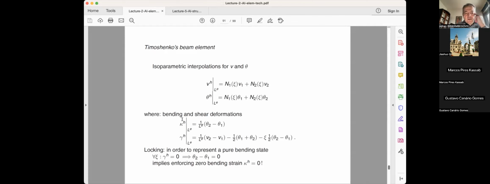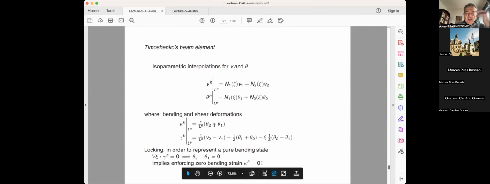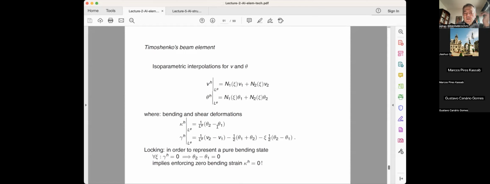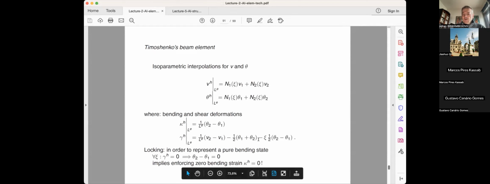Well, it turns out that if I take a two-node beam element and I make theta2 minus theta1 constant, I have a problem making sure that shear is equal to 0, because this is my approximation for the shear strain, and the problem there is that it varies in terms of xi.